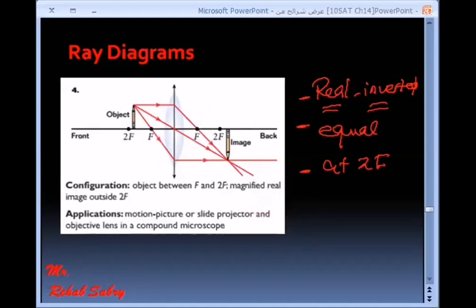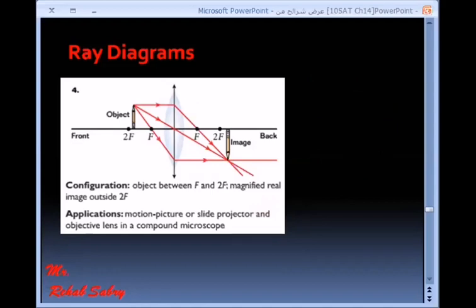The next case, between F and 2F: in the same way, we get the image here, and these are the characteristics of the image.